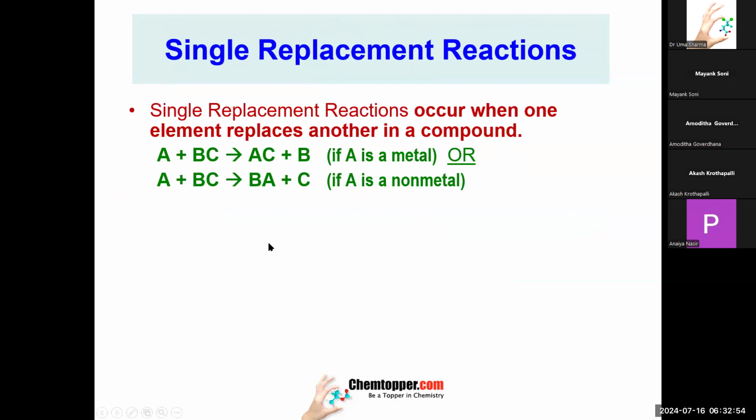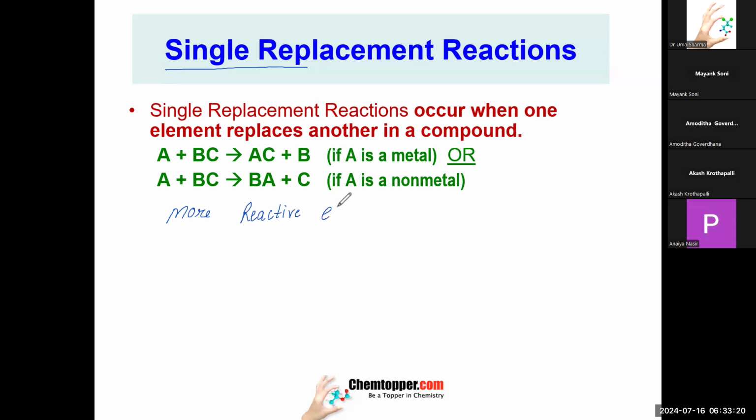Now, single replacement reaction. I'm just going to give you the introduction, and you will learn more later when we do redox reactions. In a single replacement reaction, they will ask you to memorize a reactivity series, but AP is not asking.